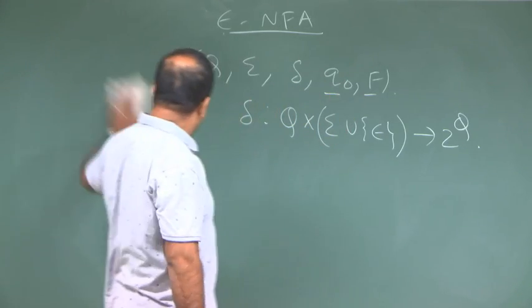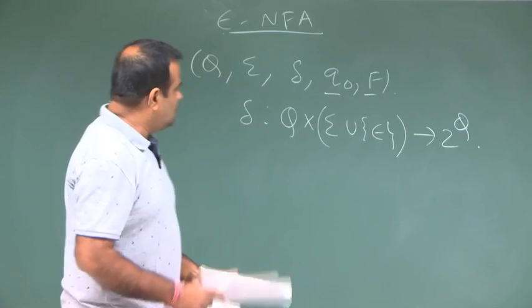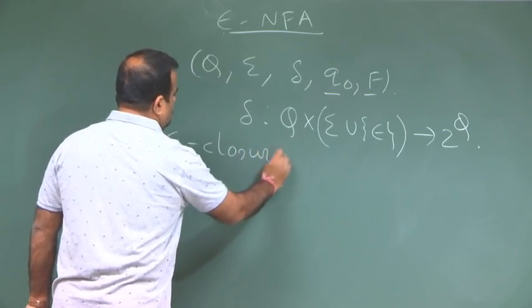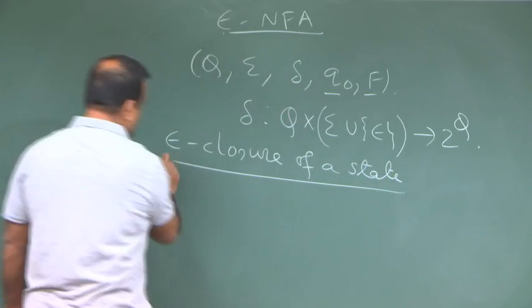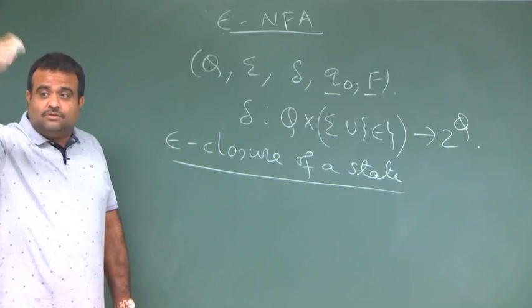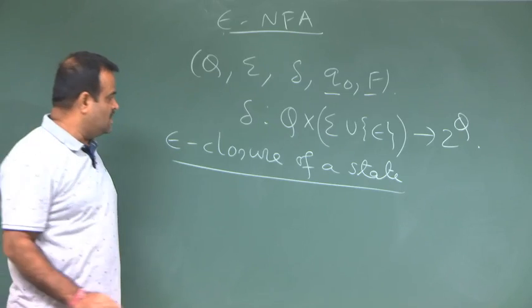For that we need to define the epsilon closure. What do you mean by epsilon closure of a state? Here we are allowing epsilon move. Epsilon move means there is no input, still our system is moving from one state to another state.